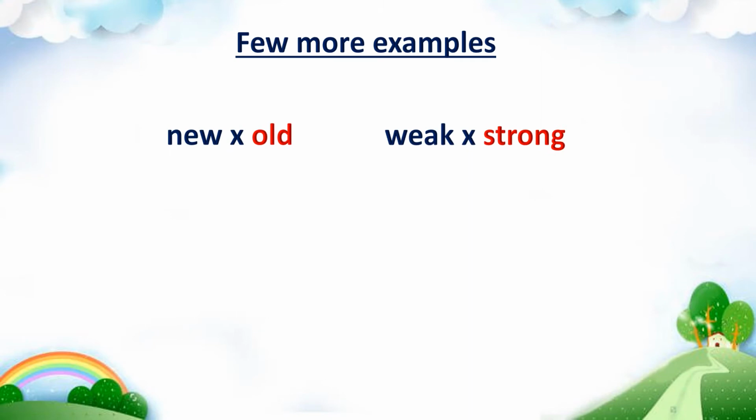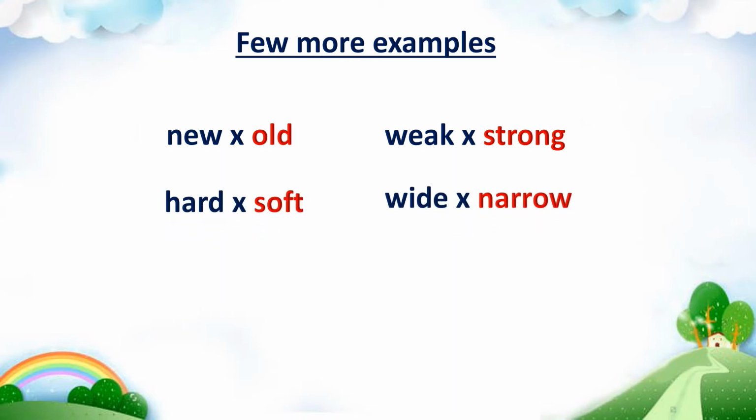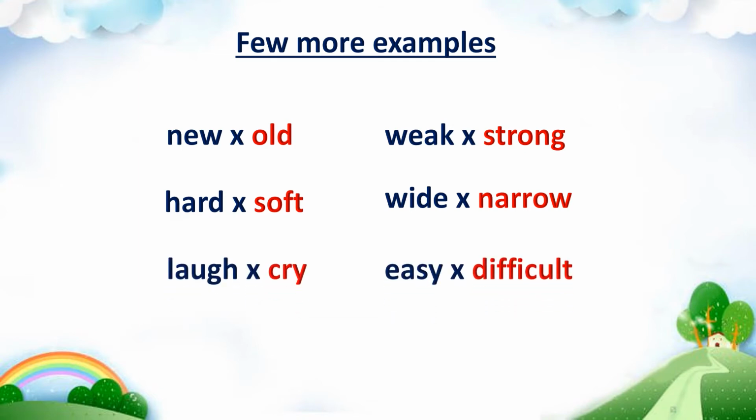Here the first one given is new. New opposite old, old opposite new. Weak opposite strong, strong opposite weak. Let's see the next one. Hard opposite soft, wide opposite narrow. Let's see another one.